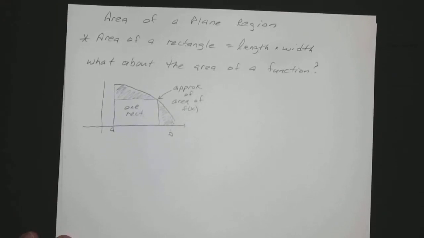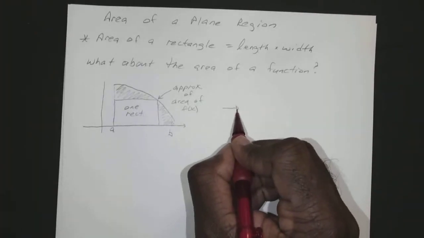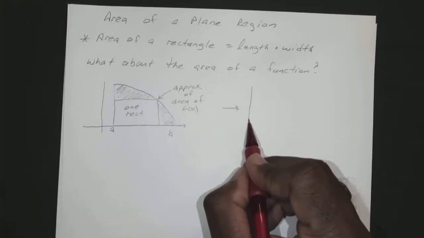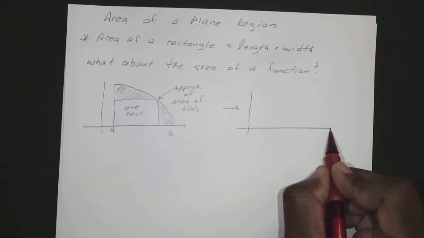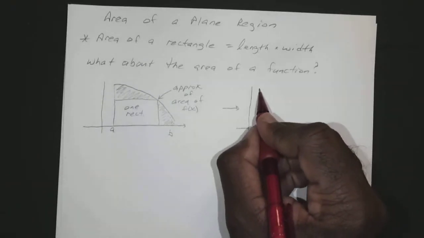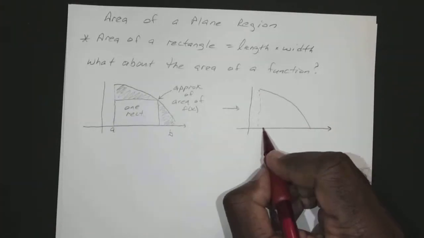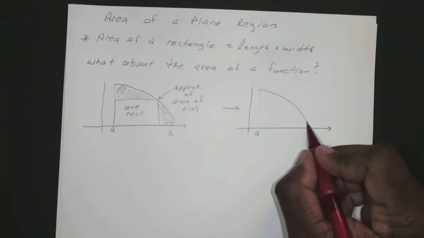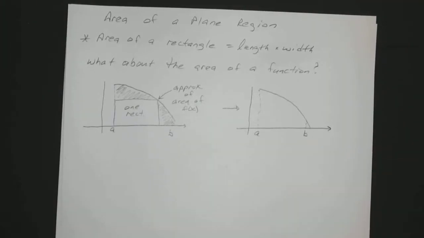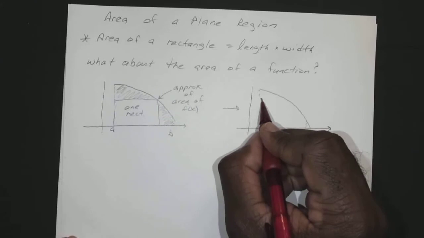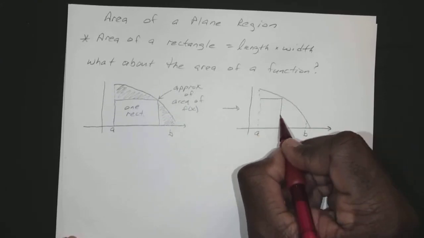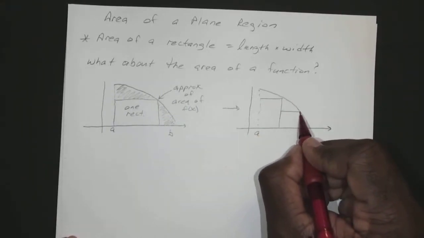Not great because it leaves a whole lot of open space, but like I said, it gives us some place to start. But instead of one rectangle, what if we tried 2 rectangles? So we have our x, we have our y, we get our function, and we go from A to B. So we go from here to here, and from here to here.